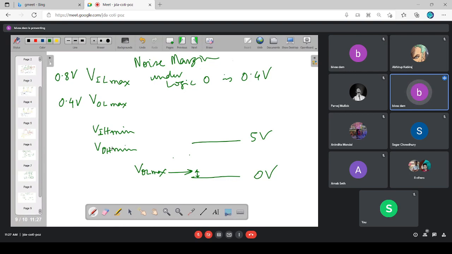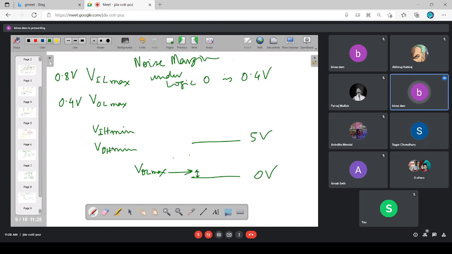I cannot readily say that this is logic high, but what I can say is this is not within my range. If it is above this minimum strength level, then I'll readily accept that to be logic high. Similarly, VOH mean is the same thing with reference to the output signal.